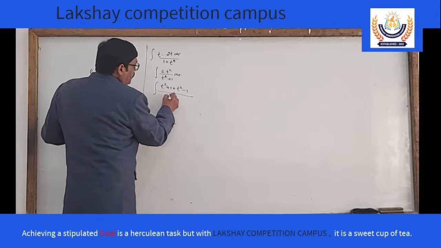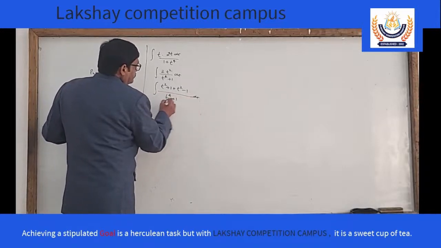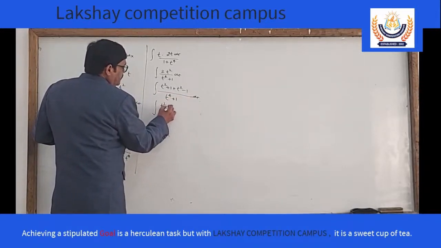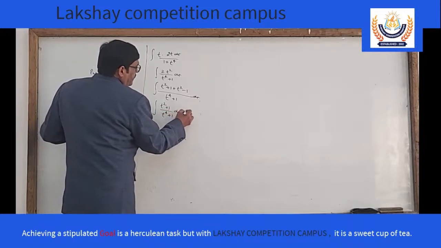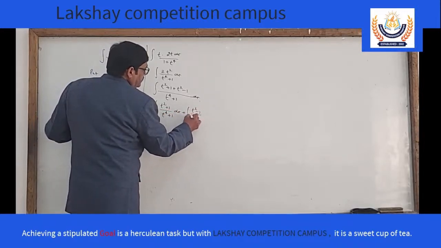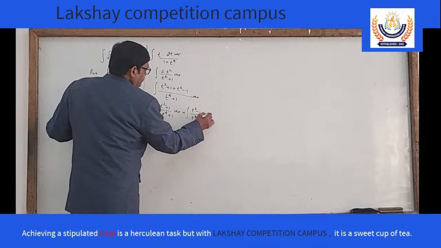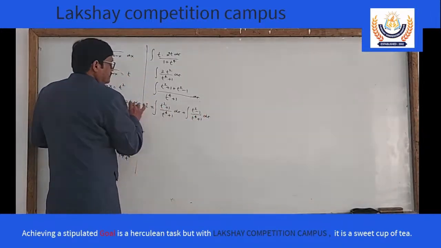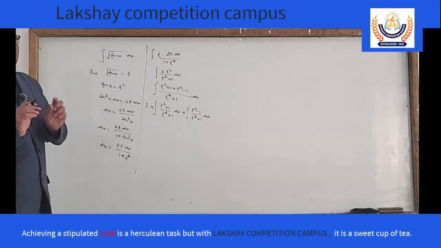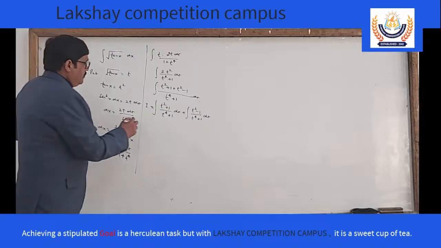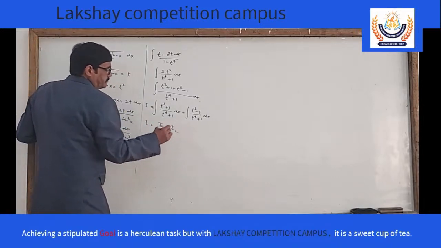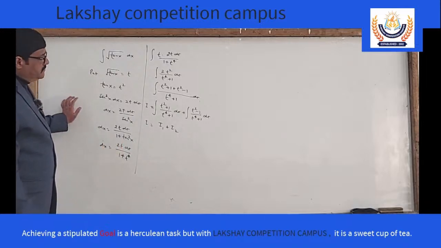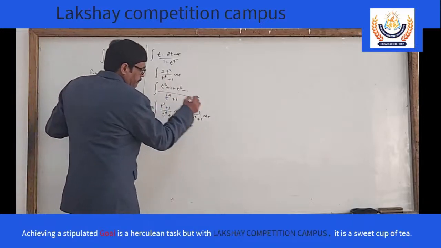We get two parts of this problem: the integral of (t² plus 1) by (t⁴ plus 1) dt and the integral of (t² minus 1) by (t⁴ plus 1) dt. Now this becomes two problems: I is equal to I1 plus I2.